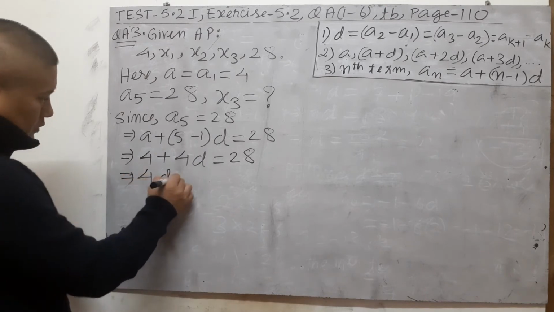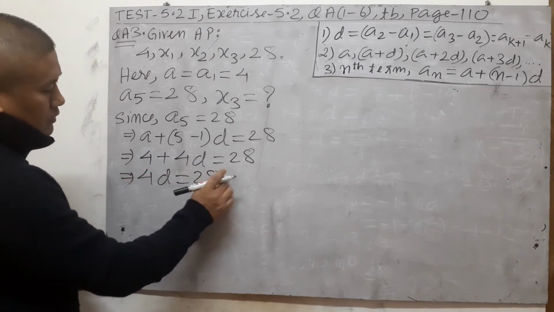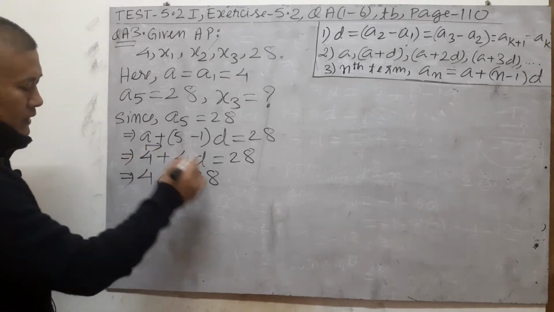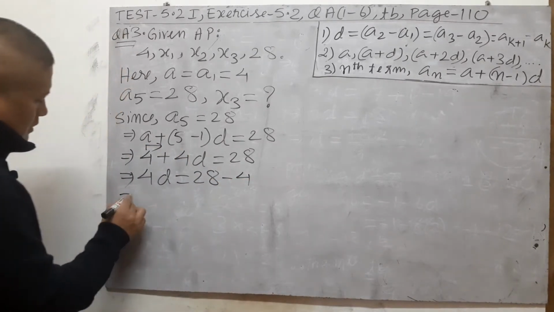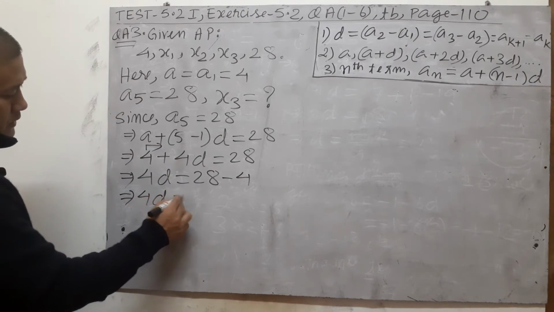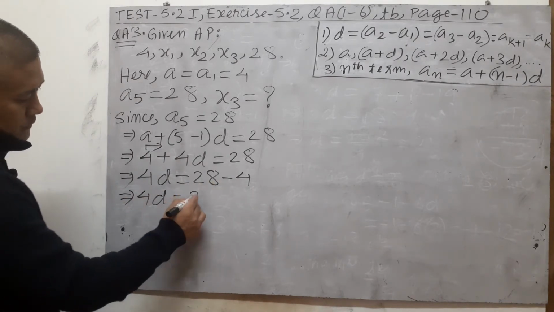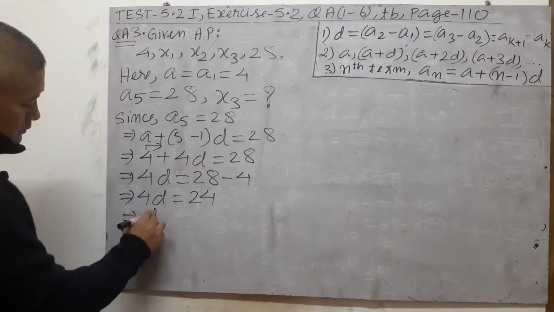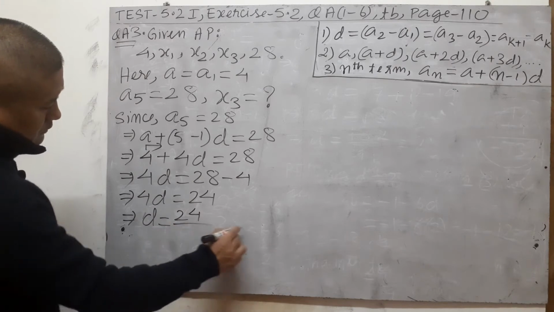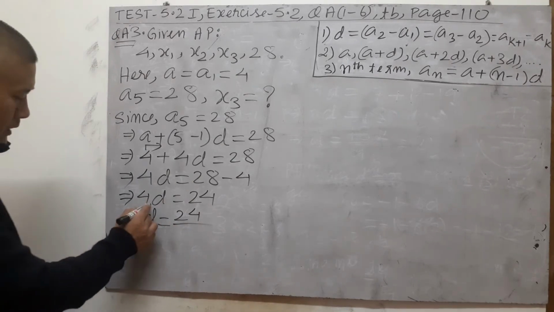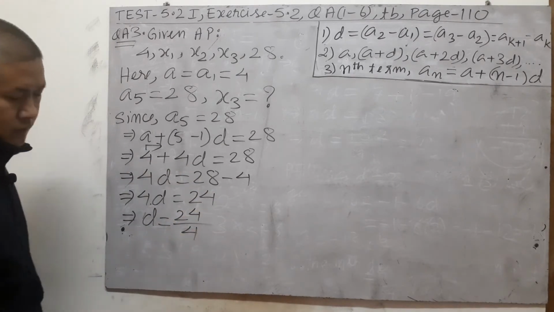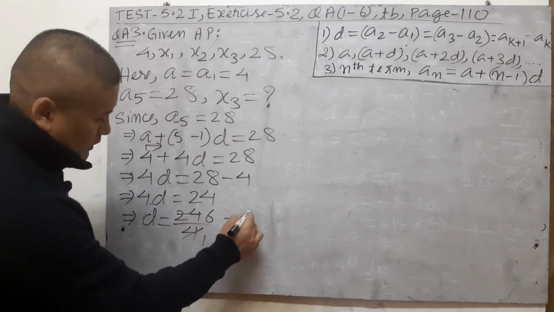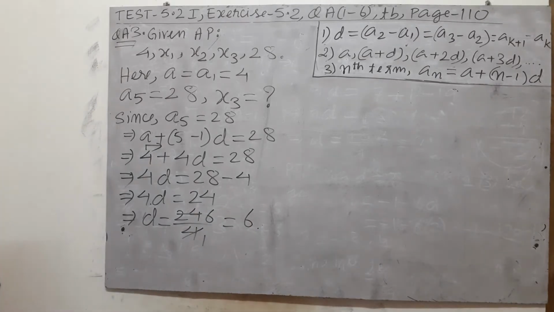Just keep this term 4D in the same place, and 28 also same place on the right side, and shift this plus 4 to the right side, it becomes minus 4. Then 4D will be simple subtraction. 28 minus 4 is 24, so 4D equals 24, then D will be equal to 24 divided by this 4. 4 ones are 4, 4 sixes are 24, so D value is 6.